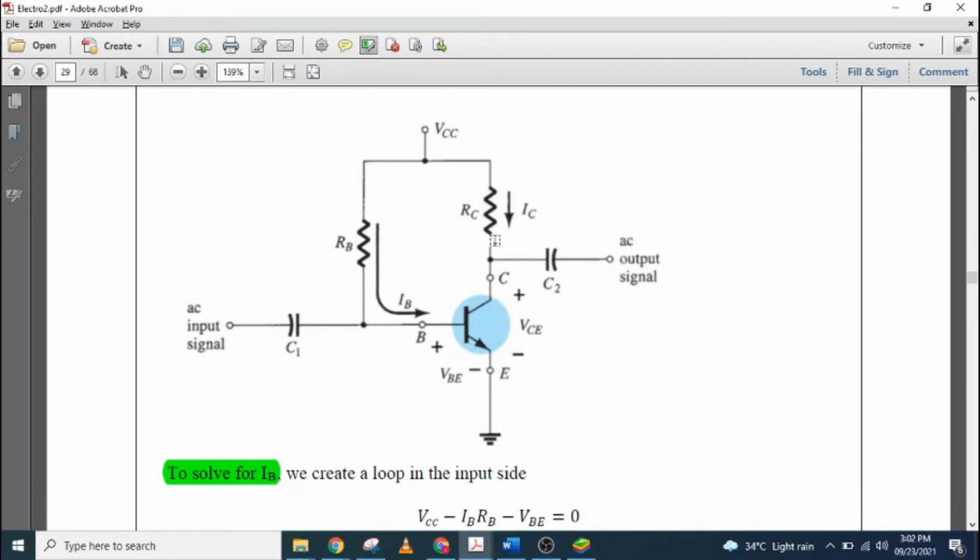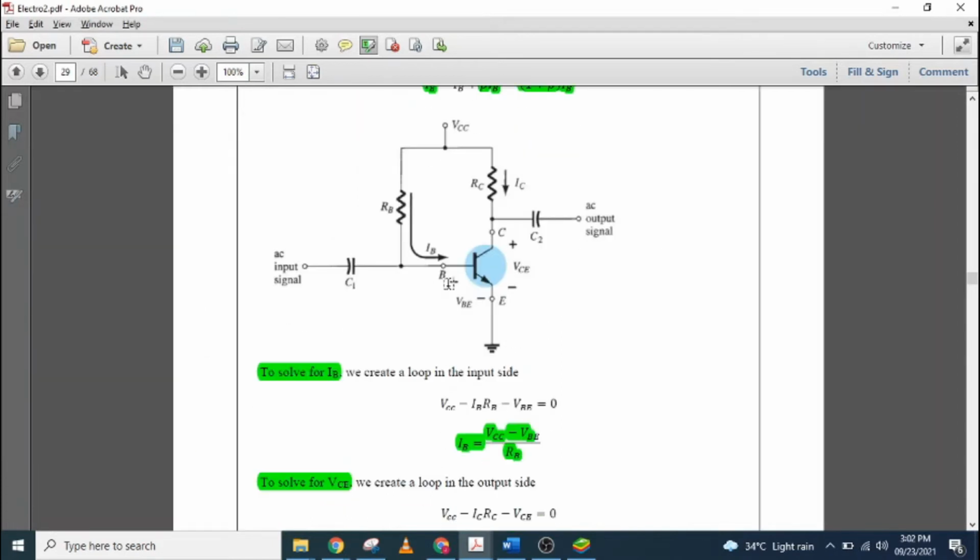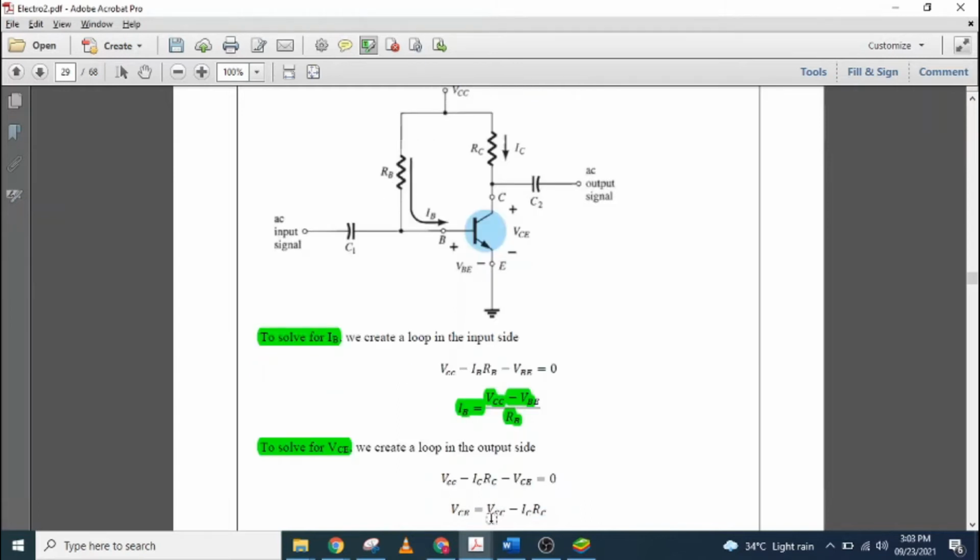The equation is VCC minus ICRC, the voltage drop across this resistor, minus VCE, the voltage drop across the collector to emitter, equals 0. To solve for VCE, we move terms to the other side, so VCE is equal to VCC minus ICRC. Again, take note of these highlighted equations. We will use them later.